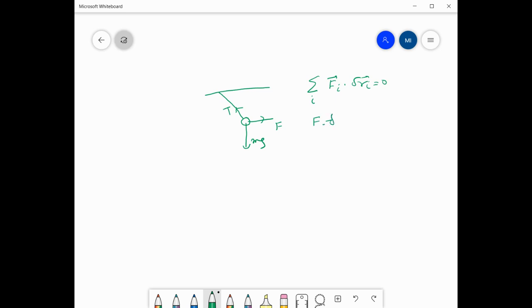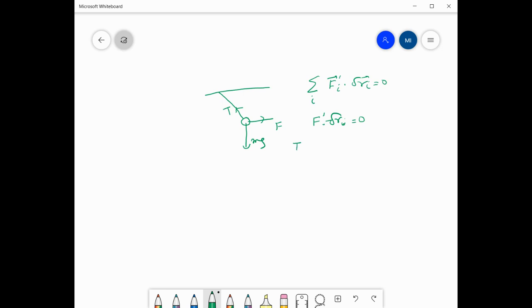F dot δR equals 0. Now here three forces are there.